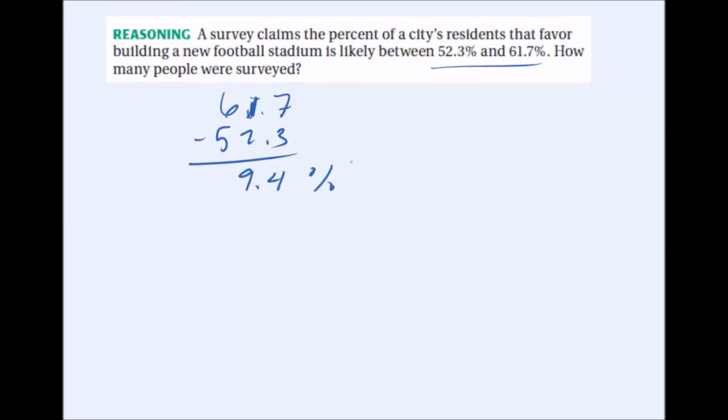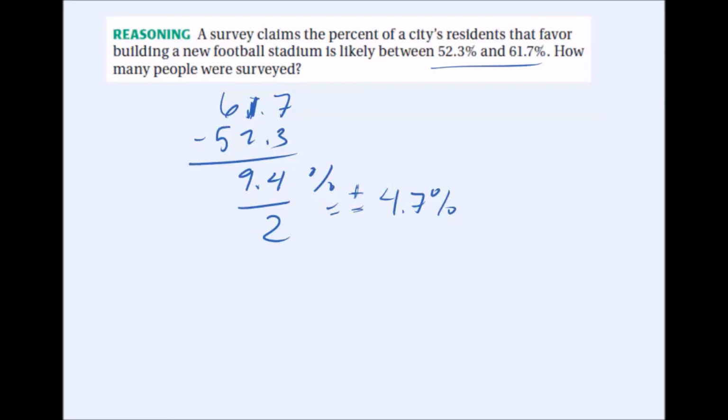We divide that by 2 to find the margin of error, so the margin of error is 4.7%. That tells us there was some number in the middle, and we subtracted 4.7% to get to 52.3 and added 4.7% to get to 61.7. So the range is 9.4%, and the margin of error is plus or minus 4.7%.